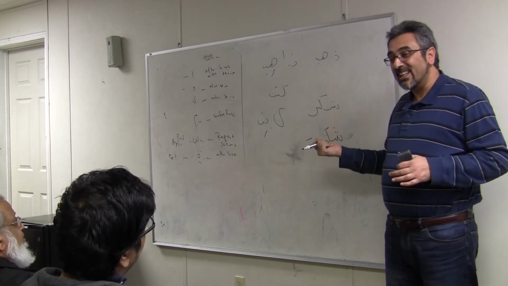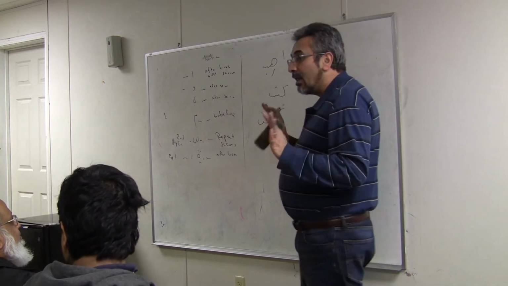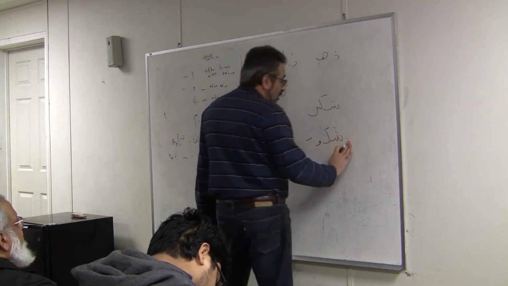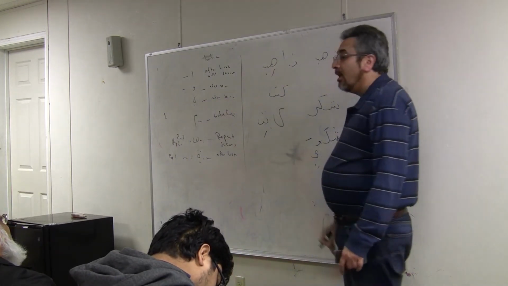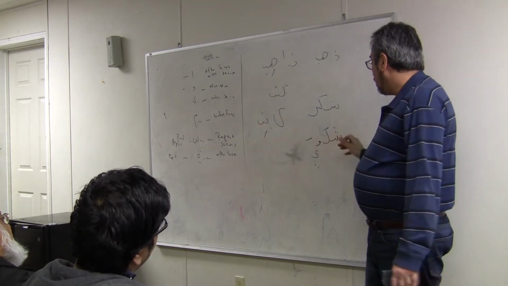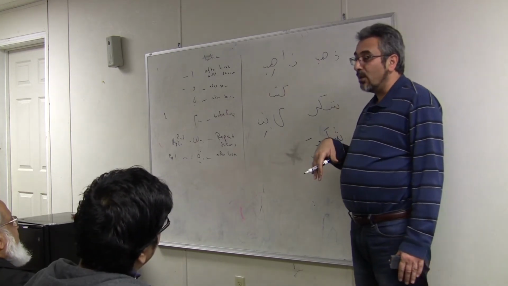Madrub is the one who's been hit. So that waw and mim rule applies pretty much to most of the words. If you put the waw or the ya as the third, it's someone who does the same thing a lot. If you put the mim in front of it, it's the one who gets it done to him.